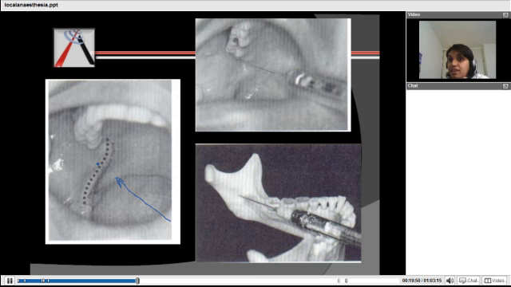You will be inserting your needle lateral to the raphe. You see it here. This is your raphe. Your needle goes lateral to the raphe. Which is the muscle it pierces?